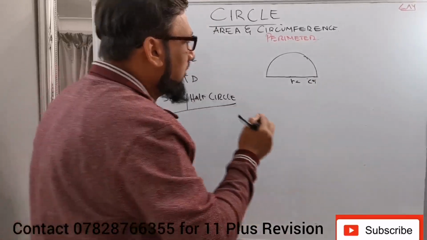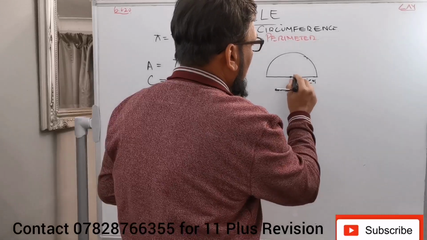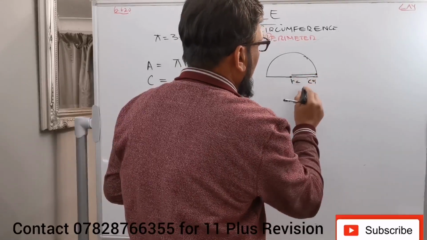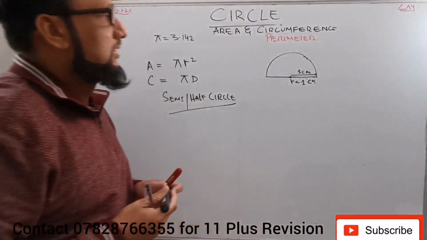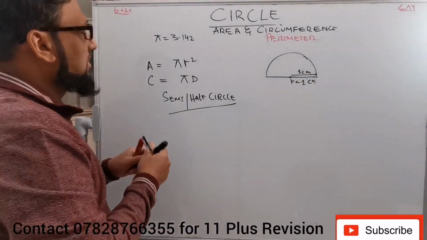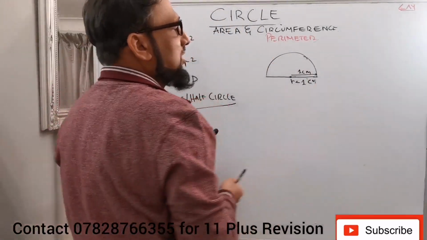They are giving you the radius, from this point to this point, which is 1 centimeter, and they are asking about the area of the half circle.